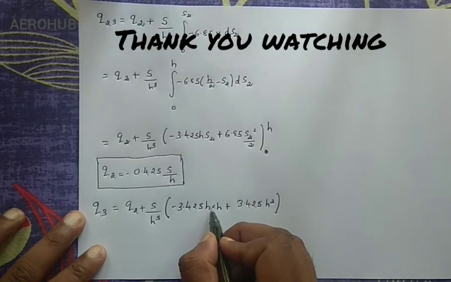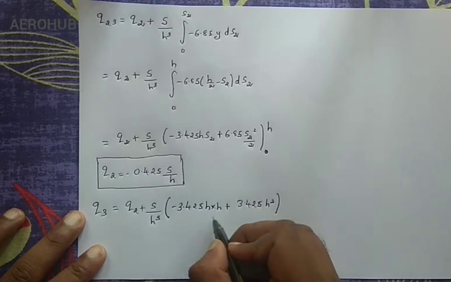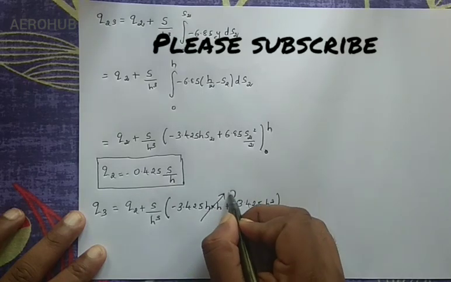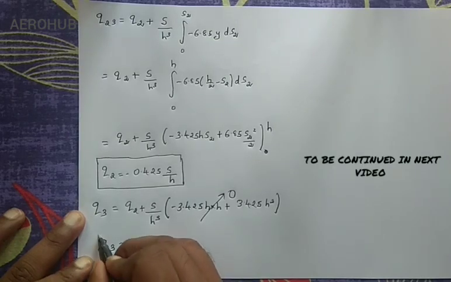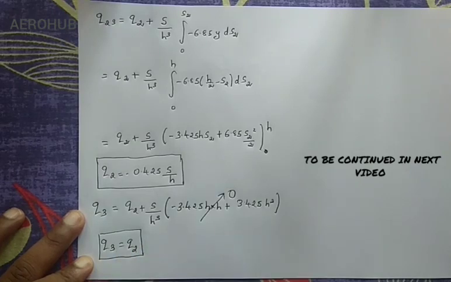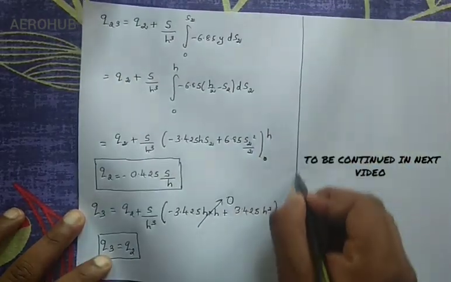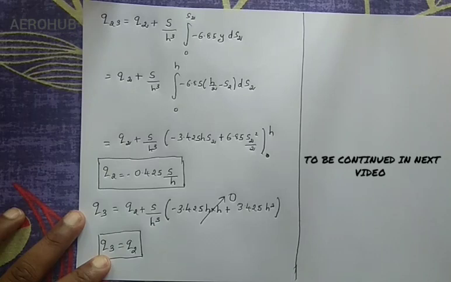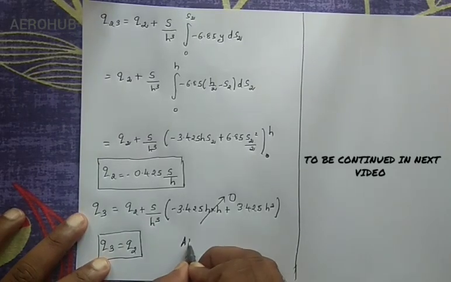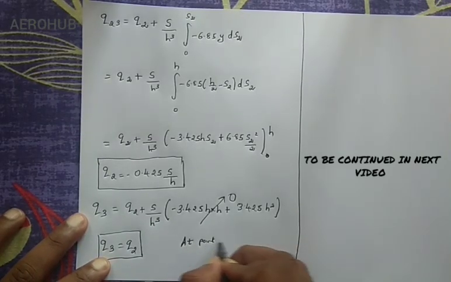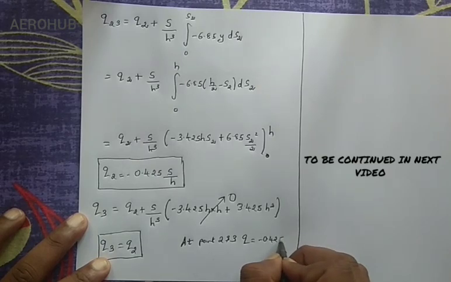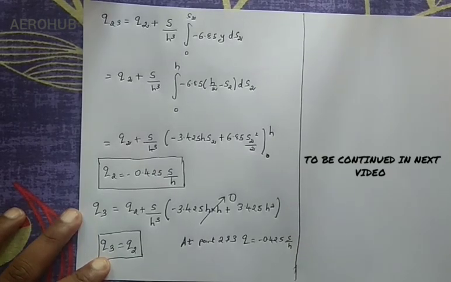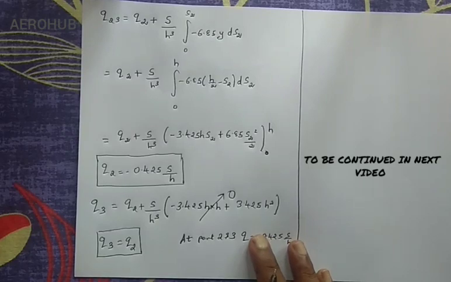You can see H into H is H square, so this will be equal to 0. So I will be getting Q3 is equal to Q2. That is, at points 2 and 3, shear flow Q is equal to minus 0.425 S by H. The same value we are getting here.